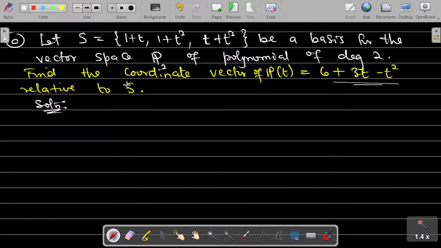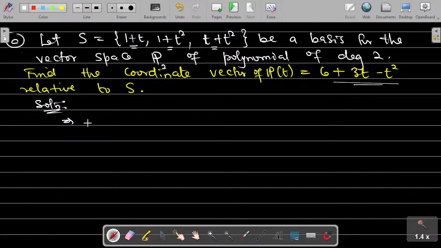Remember that these are all vectors of their own, and they make up the basis, so this basis consists of those 3 vectors.